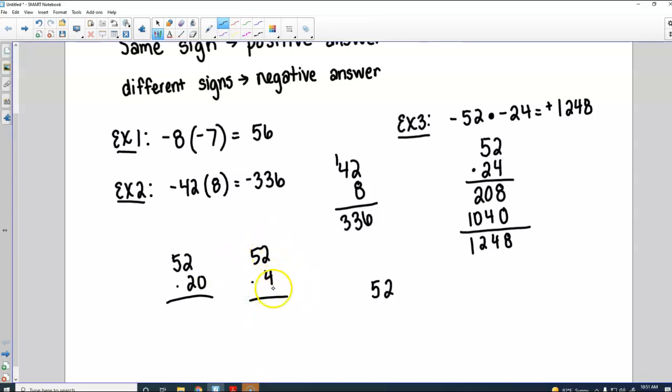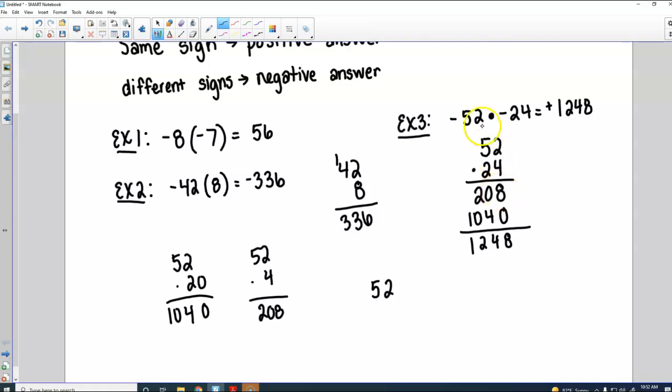And so 52 times 4 is just like that first step. You got your 208 right here, right? And then you can really just multiply the 2 and you know you'll have that 0 there on the end. So this is going to give you that 1040, and then you add those together. So it's kind of the same thing, but you're splitting it apart, and that's a good way to think about it too. Every time I did that way, I'll end up getting it.